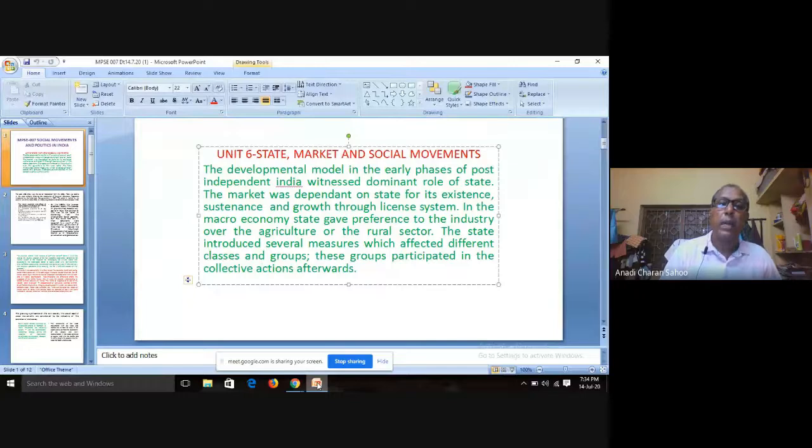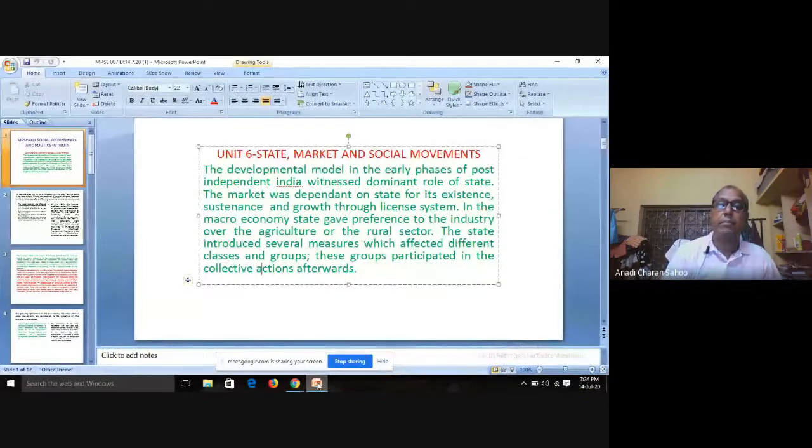The developmental model in the early phases of post-independent India witnessed dominant role of the state. The developmental process was managed by the state exclusively. The development was carried on, administered, and managed by the state exclusively.